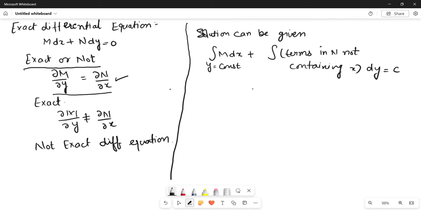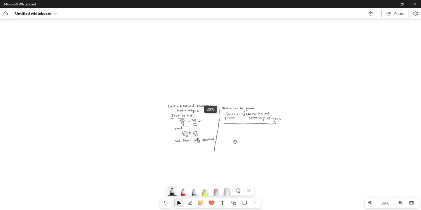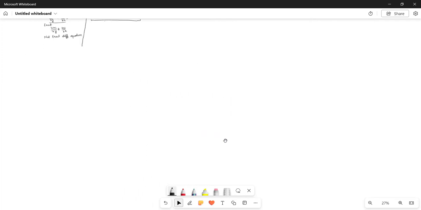So if your equation is exact, then you can find a solution in this way. If your equation is not exact, then there is a further process of finding an integrating factor to find a solution. First we will start with the equations that are exact, and see how you can find a solution if your equations are exact.